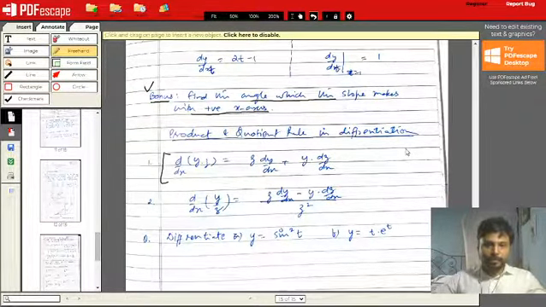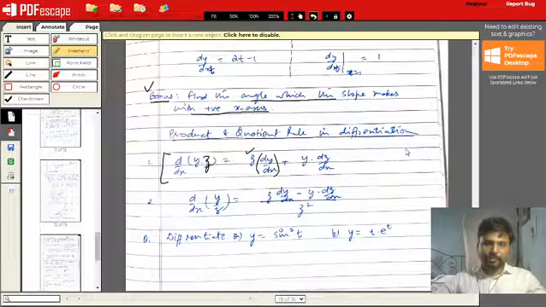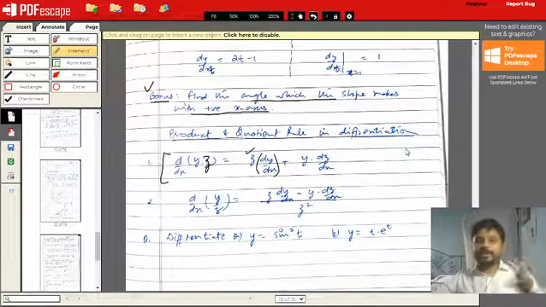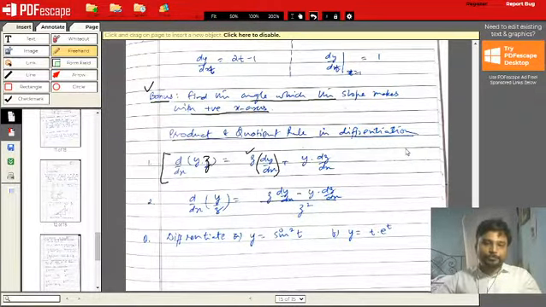We say that when two terms y and z are in product of each other, we have to differentiate y and z one by one. First we keep z outside and differentiate y, dy by dx, plus now it is y's turn to remain outside, and then we differentiate z, and we put a positive sign plus in between them.